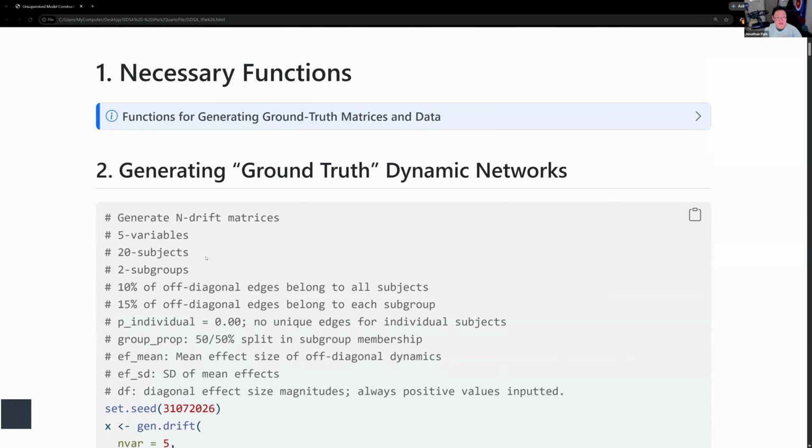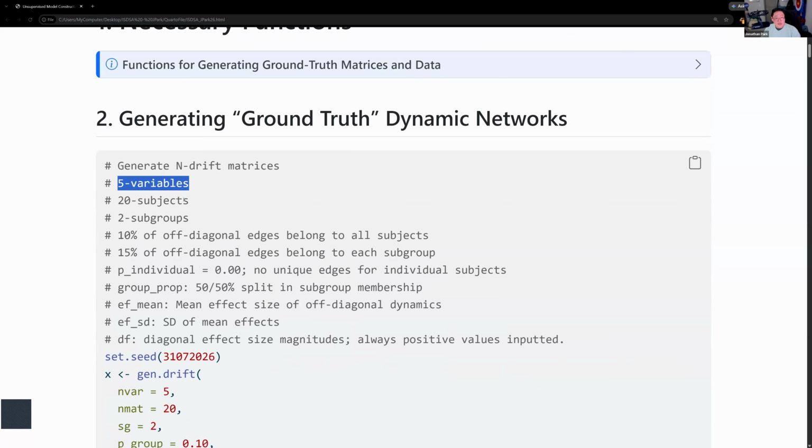So the first step is generating our ground truth dynamic network. In this case, we want to relate the data that we're simulating to the slides that I just presented. So we're going to generate dynamic networks of 5 variables comprised of 20 subjects.